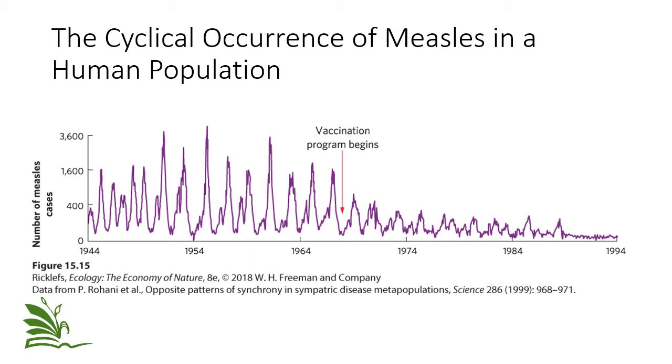By 1964, the vaccination program began for measles, and what you can see is that as more and more of the population became vaccinated, all of a sudden those fluctuations in population size dimmed repeatedly, so that much less of the population was influenced, and eventually these are very small outbreaks that only occur in unvaccinated populations at this point.